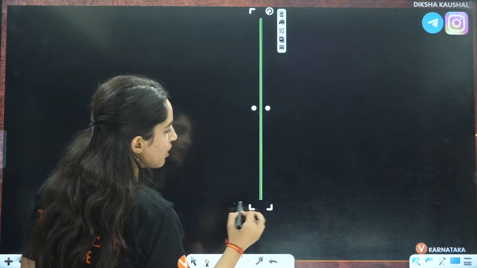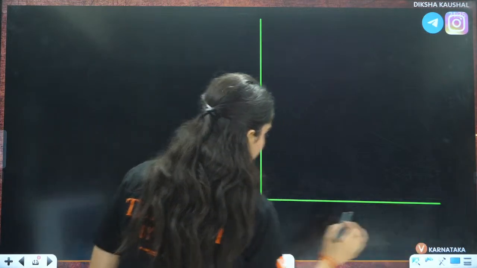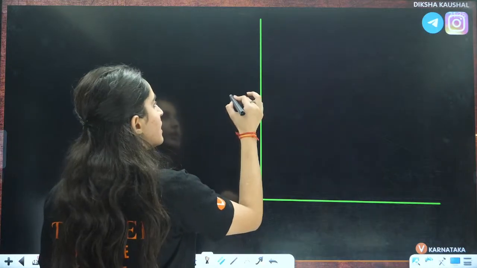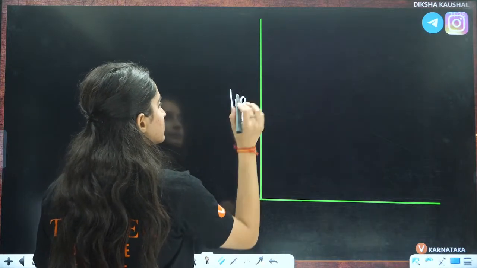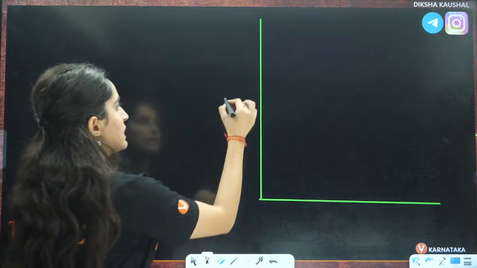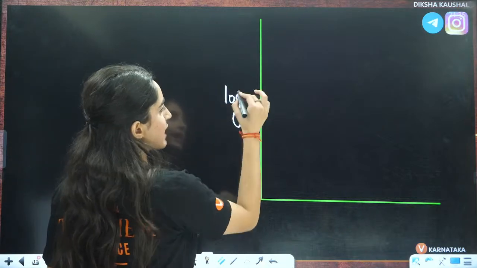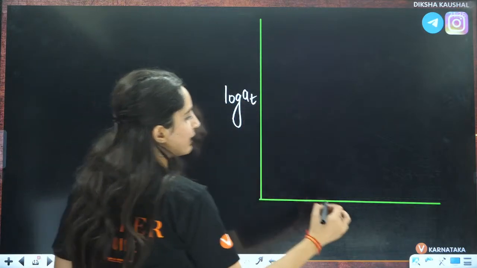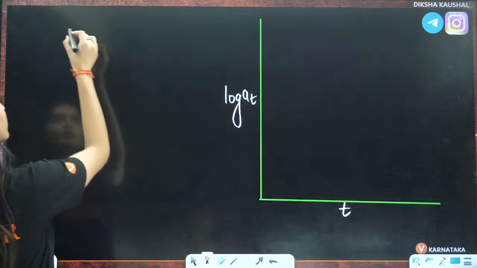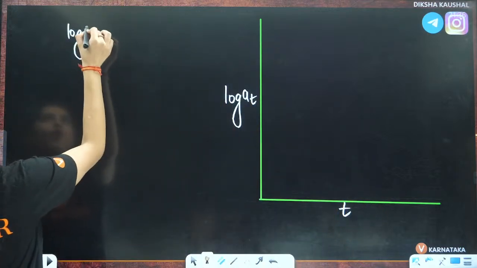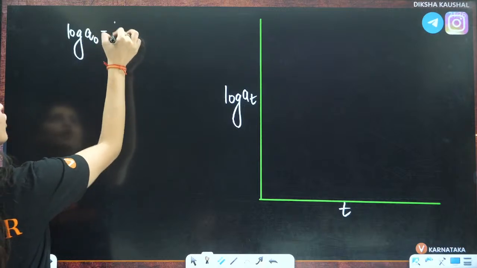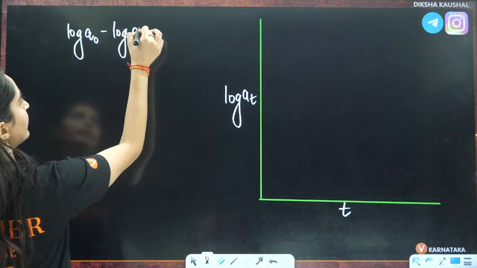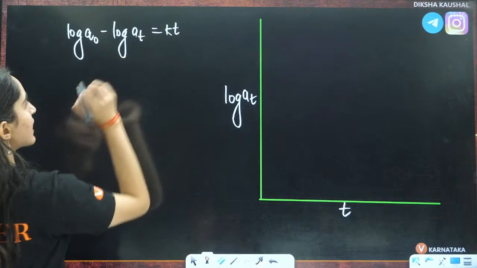Now a very important question: if they ask you a graph between log base 10 of At and t. We know the equation is log A0 minus log At is equal to kt, right?